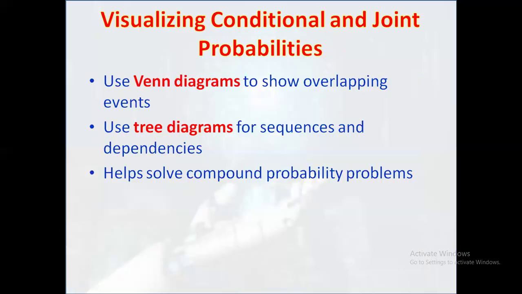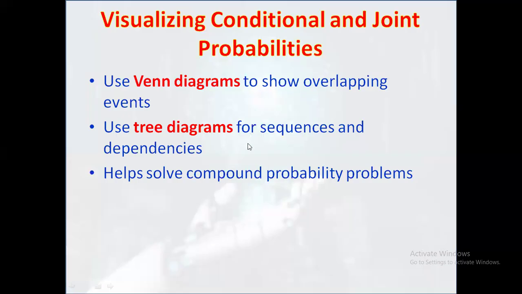Next, visualizing conditional and joint probabilities. We can use Venn diagrams. Venn diagrams help illustrate how events overlap in probability space. They are useful for visualizing intersections, joint probability, and differences between events, making abstract relationships more tangible. Tree diagrams are helpful for representing sequences of events and conditional dependencies.